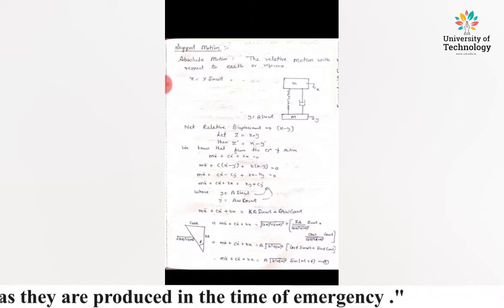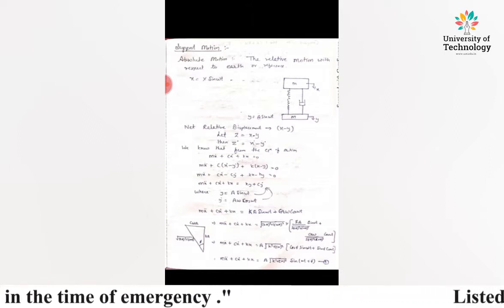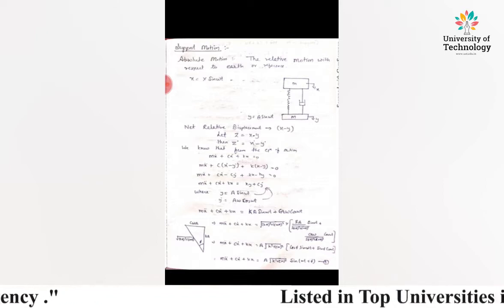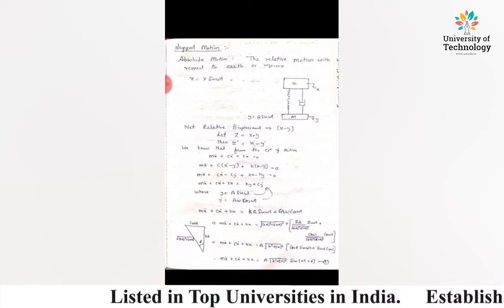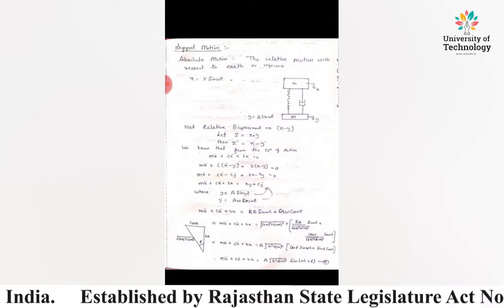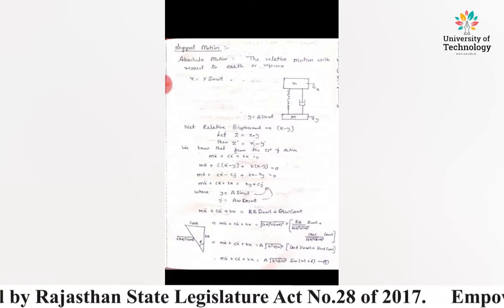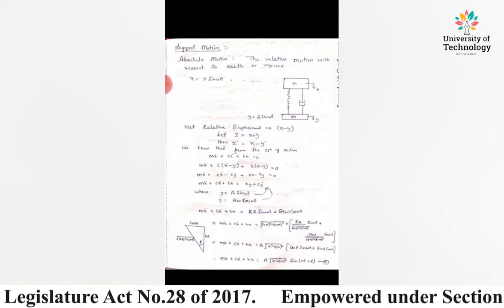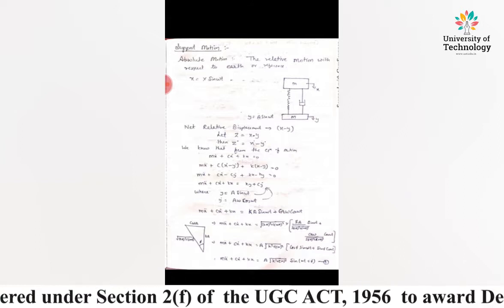Here the spring force is kx and the damping force is c x dot, and x is equal to capital X sine omega t, and the displacement y is equal to A sine omega t.